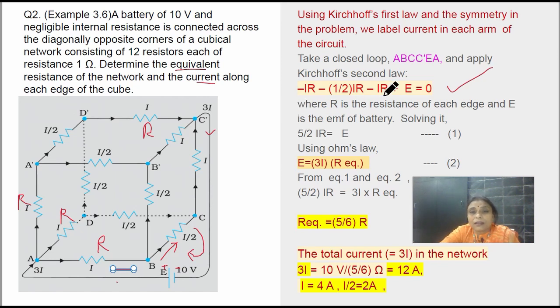Here R is the resistance and E is the EMF of the battery, and when you solve it you get 5 by 2 IR is equal to E, simple mathematics. Now this is our first equation.